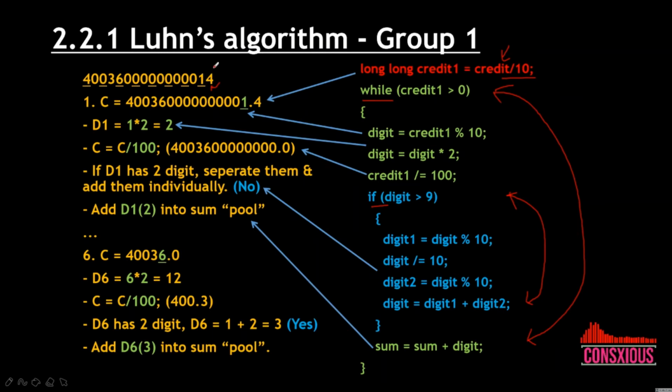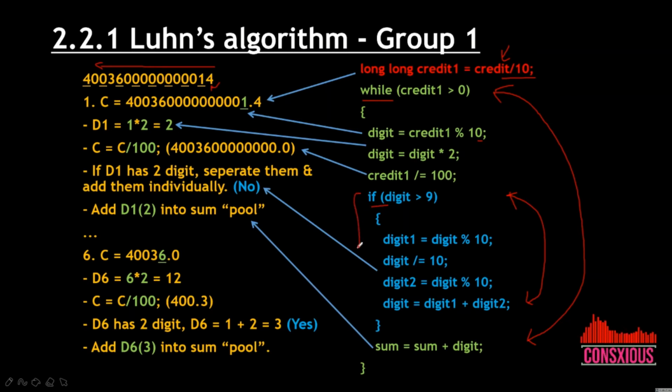What we do here is target to always divide until this condition becomes false, which is less than 0. You can see here, with the long, this is how we divide. From here, we modulus 10 to get this 1 digit. After we get this 1 digit, we times 2. Then we divide by hundreds.